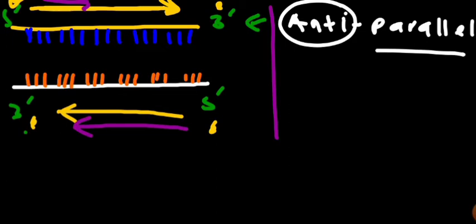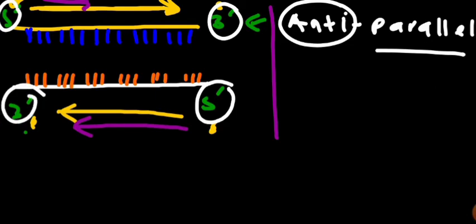That's what I can say. Okay, so this one runs 5' end to 3' end. This one is running from 5' end to 3' end, but in the opposite direction. All right, so this is what we call antiparallel. Okay, so the DNA strands are antiparallel to each other. So it's a very important feature.